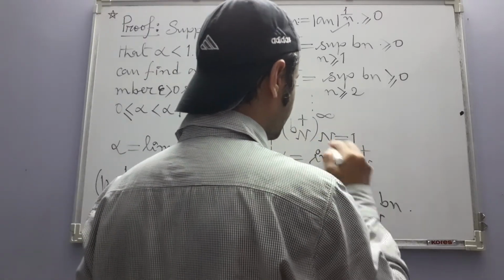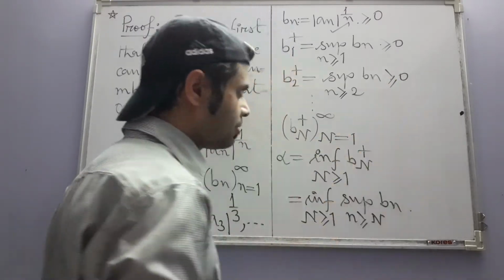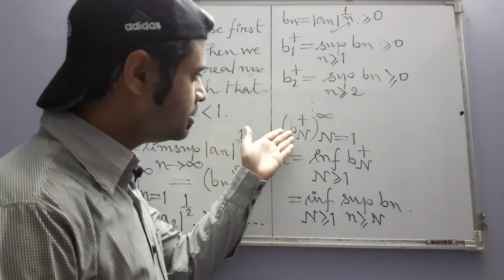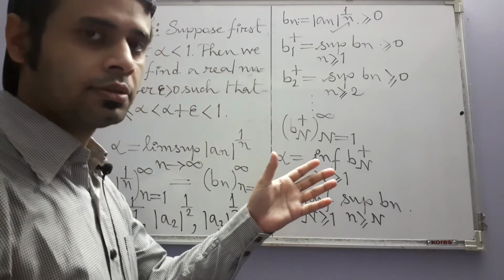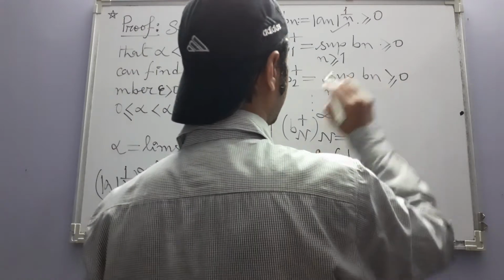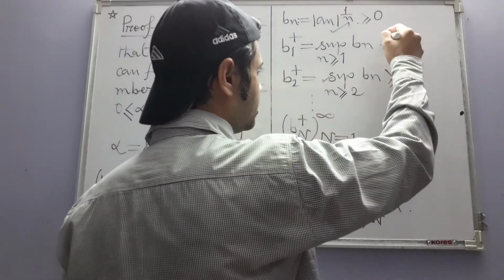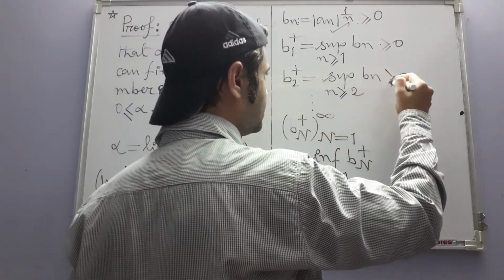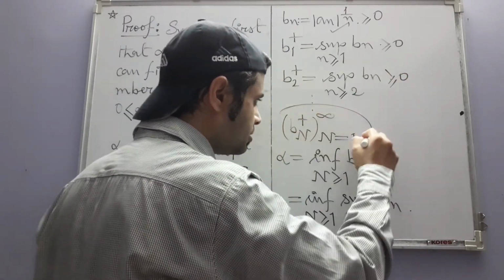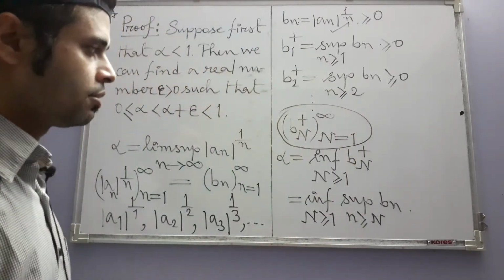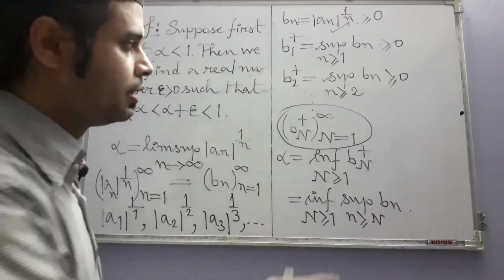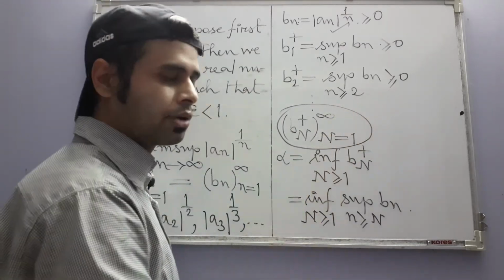Okay. So now, because they are all greater than or equal to 0, whatever infimum this sequence has will also be non-negative. Do you see why? Because due to the presence of these inequalities, 0 becomes a lower bound of this sequence of suprema, whereas the infimum is by definition the greatest lower bound, and 0 is just one lower bound.